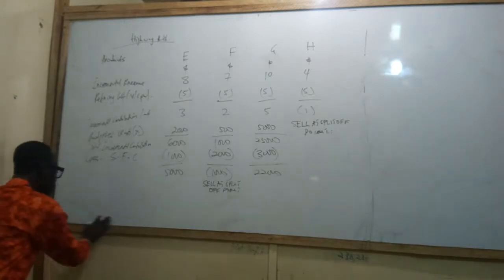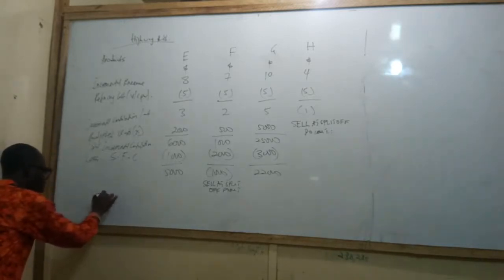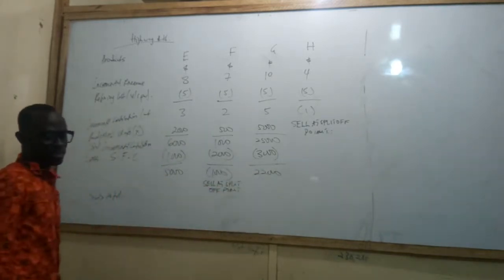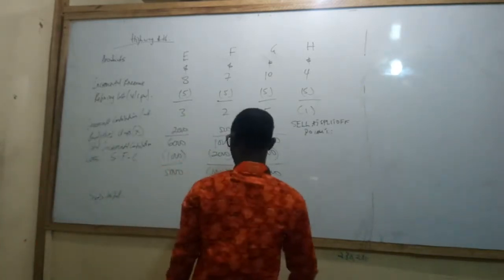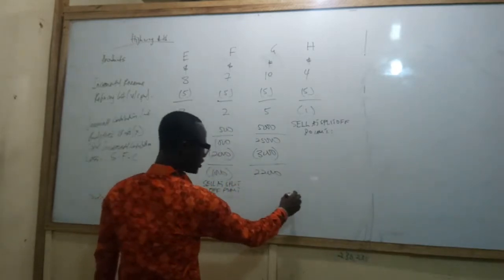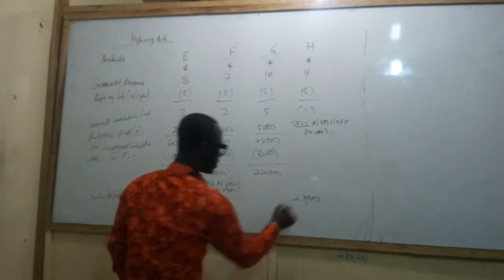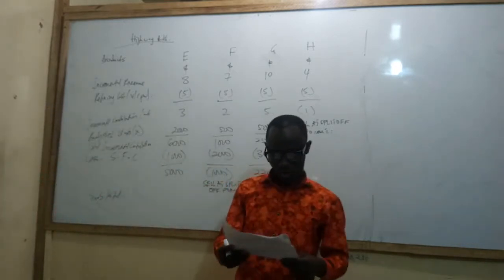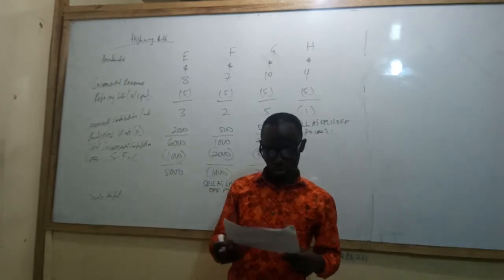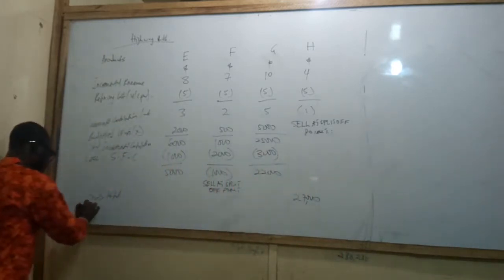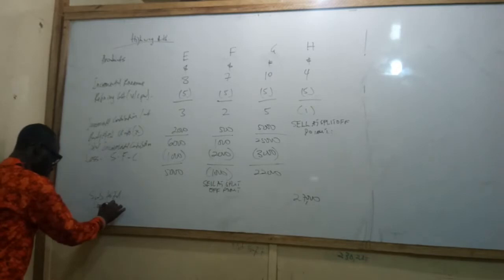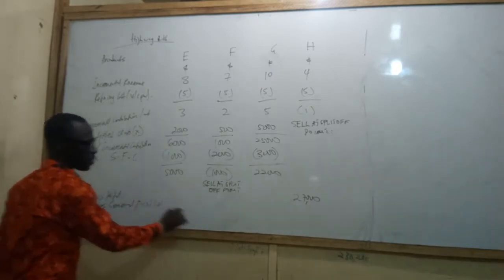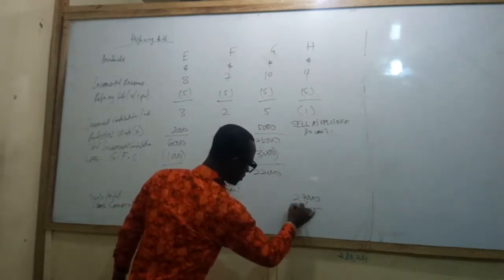Then we get a subtotal. So what is the subtotal? This and this. What will we get? 27,000. Then we will less the general fixed cost from it, which is 20,000.